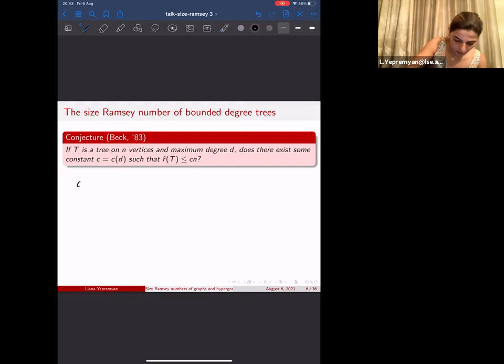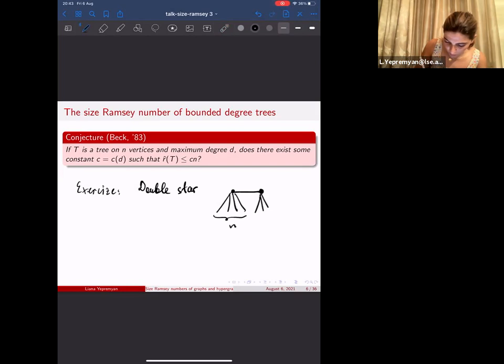An exercise could be to look at the double star. What is this? I have two vertices which are adjacent by an edge, and both of them have n many leaves hanging from them. So this graph is a tree.